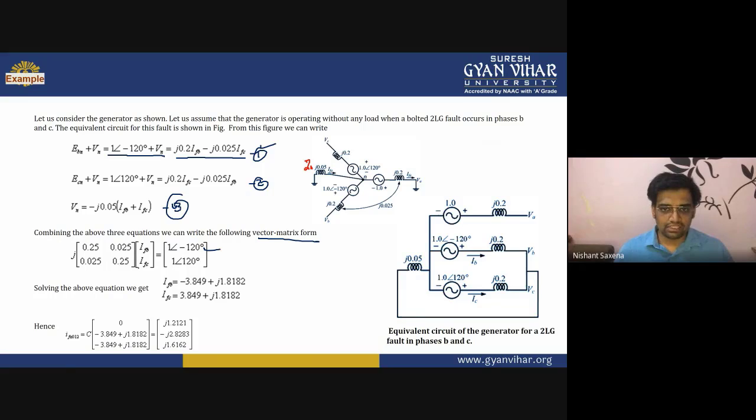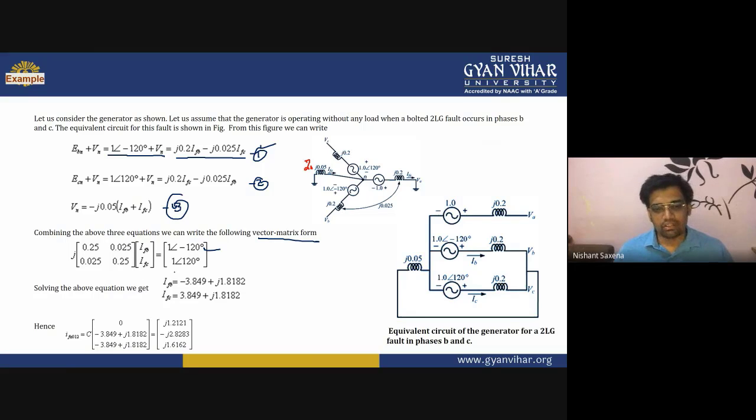IFB and IFC have been taken over here, and it will be 0.25 and 0.025. Here it will be 0.025 and here it will be 0.25, as we have considered.